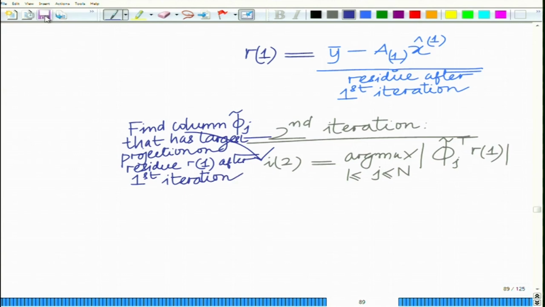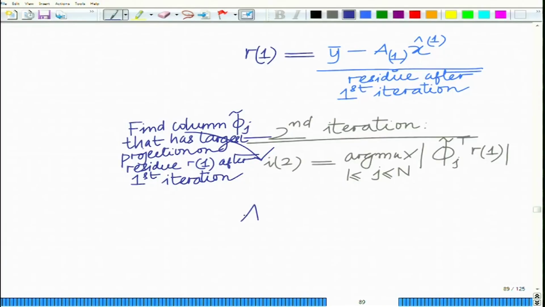After the first iteration you are left with the residue R1. Okay, this still has to be approximated. So you find the projection of each column of phi on this residue and choose the column which now has the maximum projection on this residue. That is your index I2.